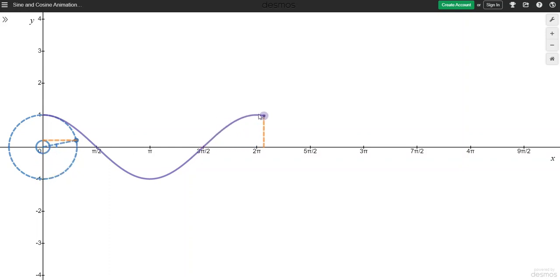So that is one cycle. And notice once again, the length of that cycle is 2 pi. So the period is still 2 pi. And once again, notice how it never goes above 1 and never goes below negative 1, which means the amplitude is once again 1.